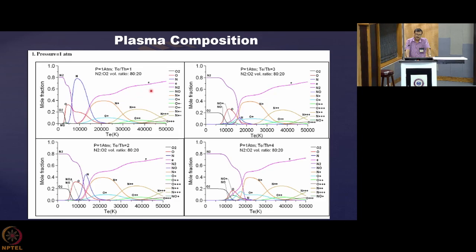Like for example, you can go for CO2, or you can go for NO, or you can go for N2O2. The effect will be very much prominent, this non-equilibrium effect, that is T by TH. So, you can see here 1, 3, and this is 2, and this is 4, and you can see they are distinctly different from each other.